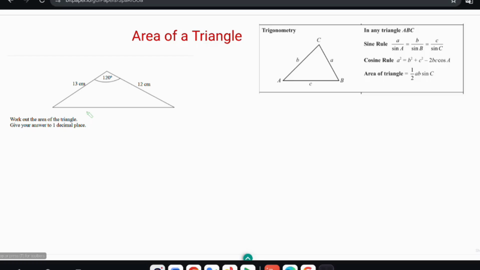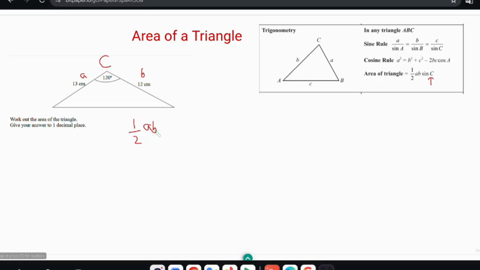So if you use half ab sine C, your lengths need to hug your angle like this. Your angle has to be big C. Little c will be here. Again, your a and b don't really matter. Pop it into our formula.